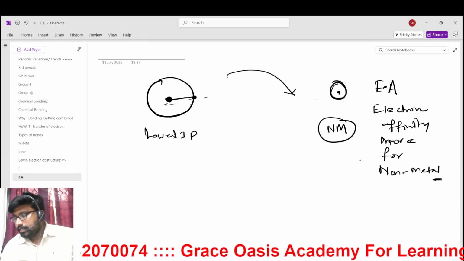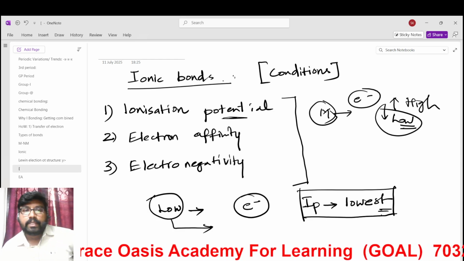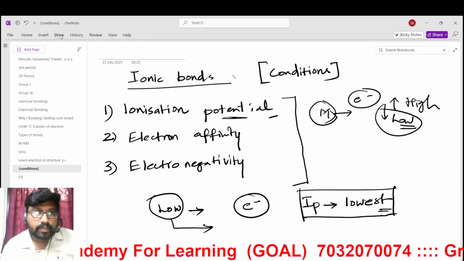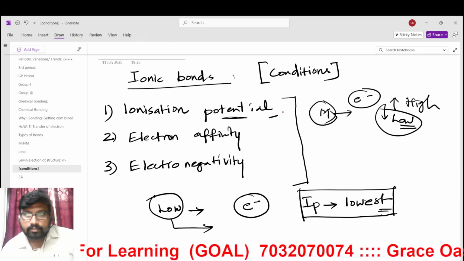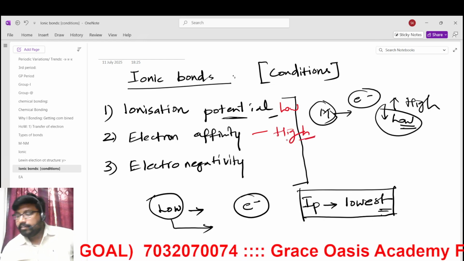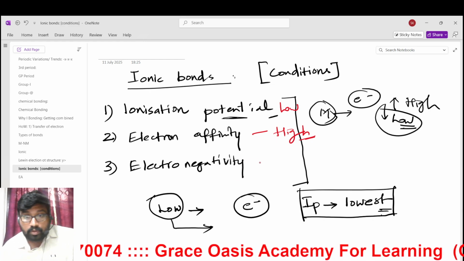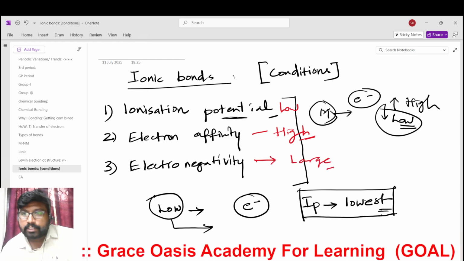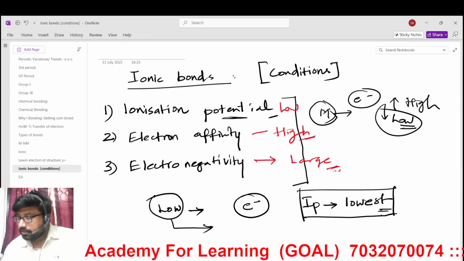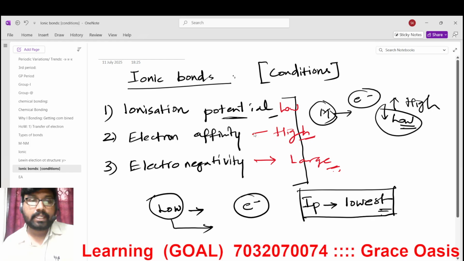So to form the ionic bond, ionization potential should be low for the metal and high for the non-metal. Now electronegativity should be large, then only it can be able to accept. So that is all for today. Fine. Let us close here.